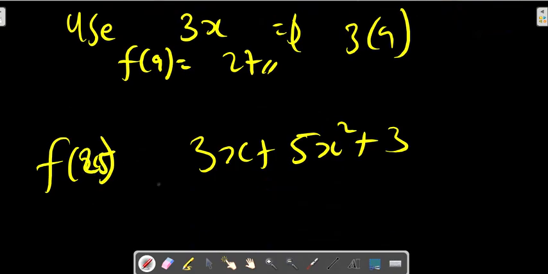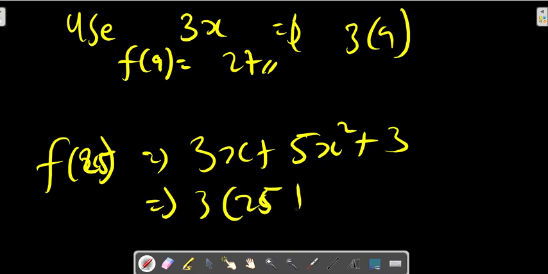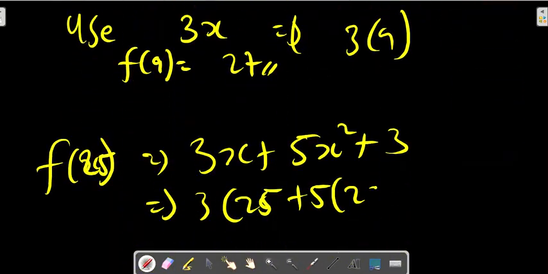So f of 25 would be 3 times 25 plus 5 times 25 cubed plus 3.